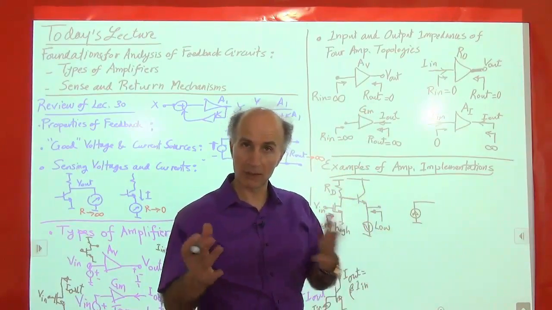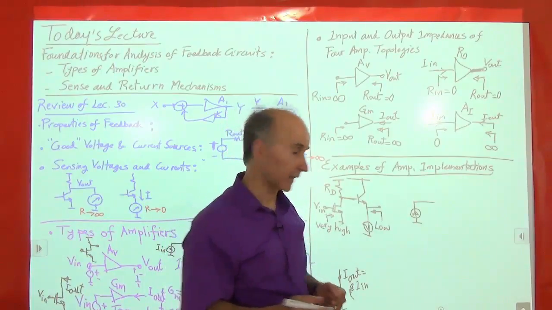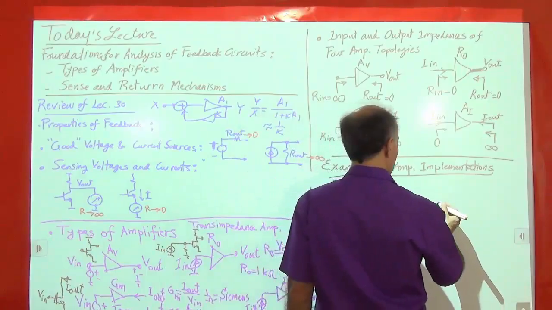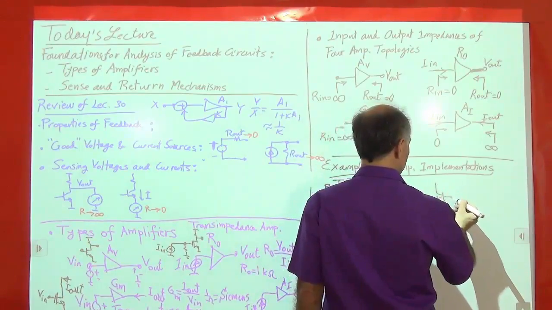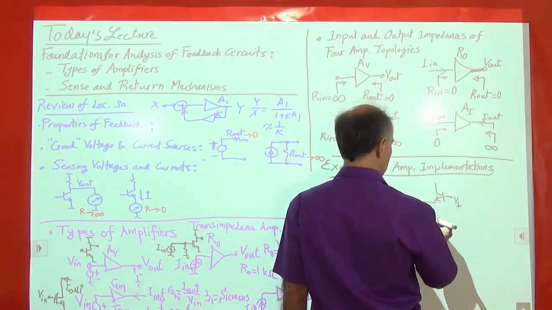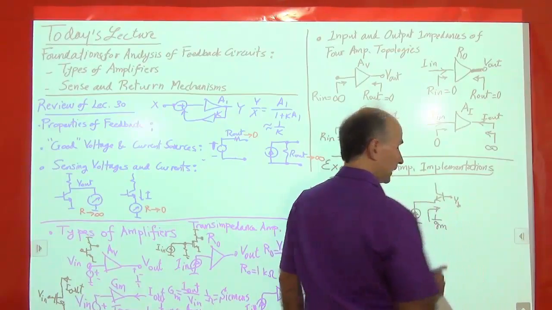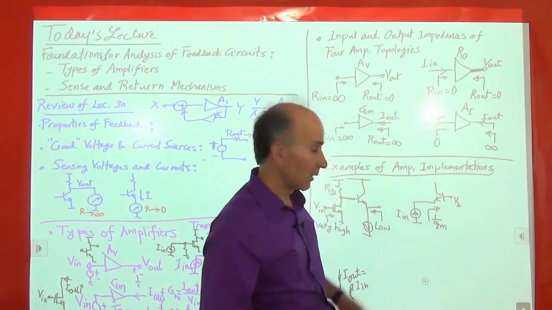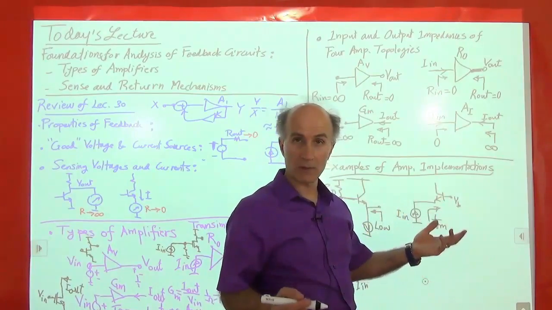Sure, common gate, common base topologies are like that. So let's use a common base topology that has a low input impedance, right? This is 1 over gm if we neglect the Early effect. For example, if the bias current is 1 milliamp, 1 over gm is 26 ohms.